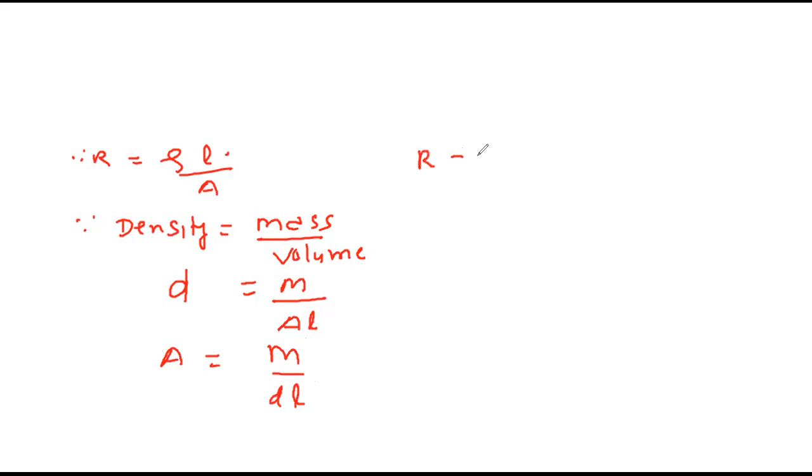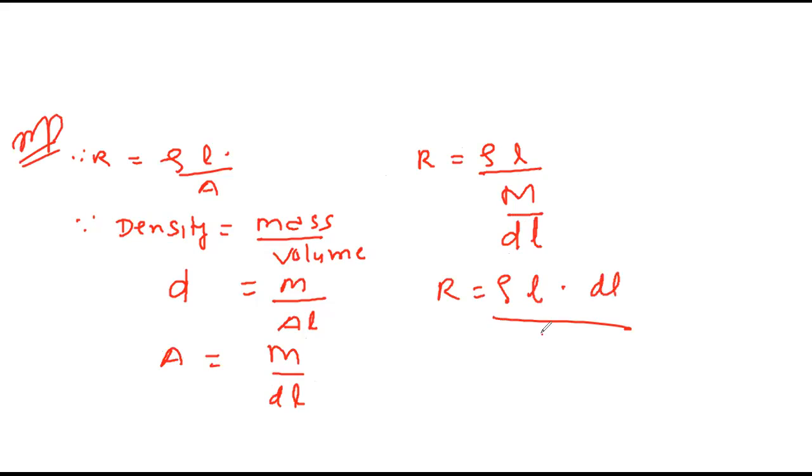So R will become rho L, area is M upon DL. Very, very important sum again. So R will become rho L DL upon M. So R is rho D L square upon M.